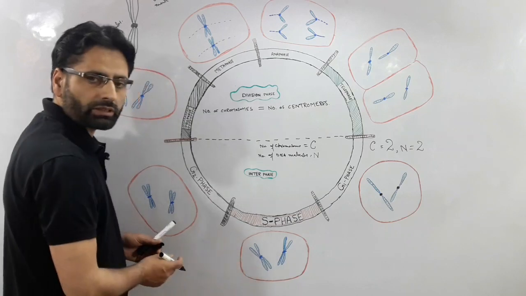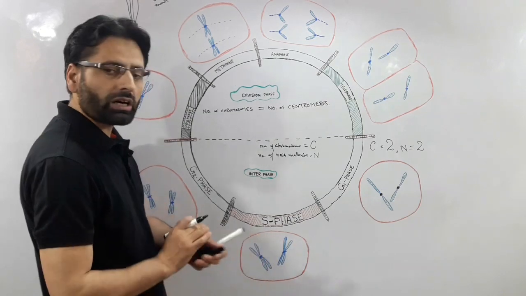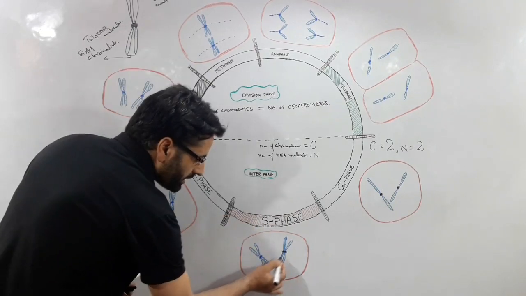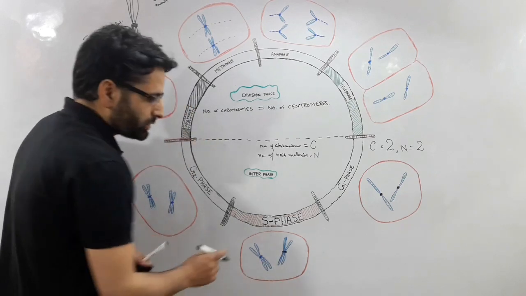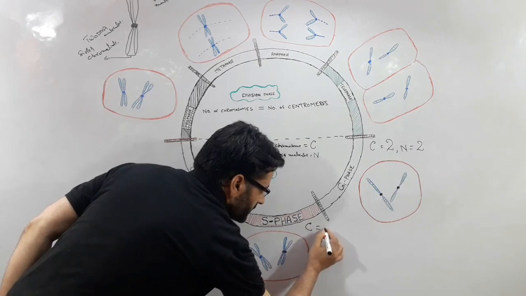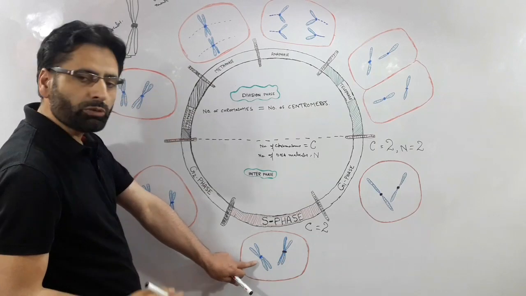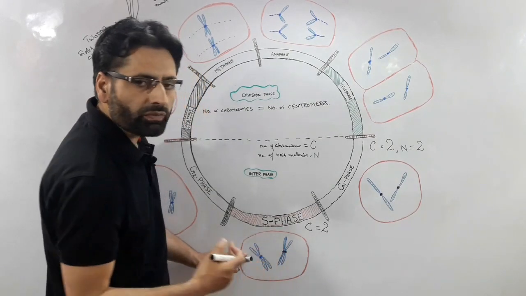The DNA molecule on each chromosome now has a replicated copy attached at the centromere. Now let us count the number of centromeres. Here we also have 2 centromeres, so the number of chromosomes, C, is equal to 2. Now you have to count the number of chromatids.